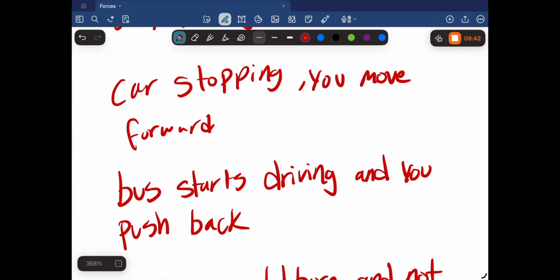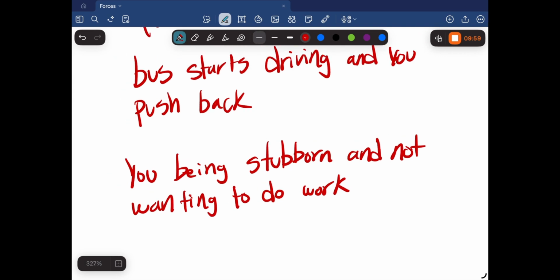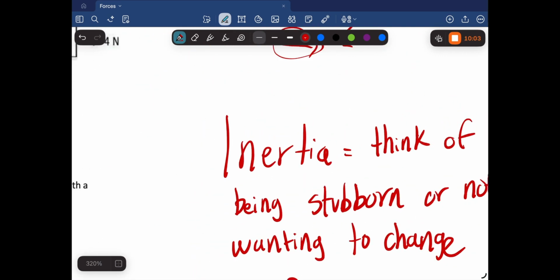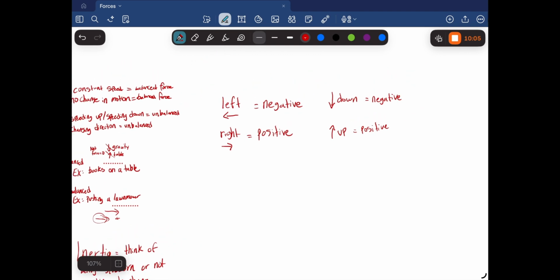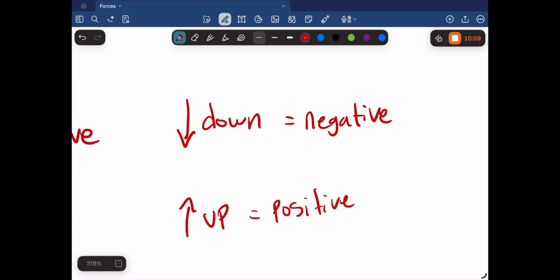So if you've ever been on a bus, when it starts driving, you get pushed back because you weren't moving, and your inertia causes you to still not want to move. Also, you being stubborn and not wanting to do work. Okay, so think of that as inertia.